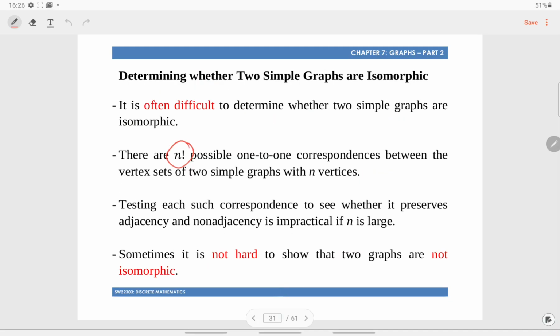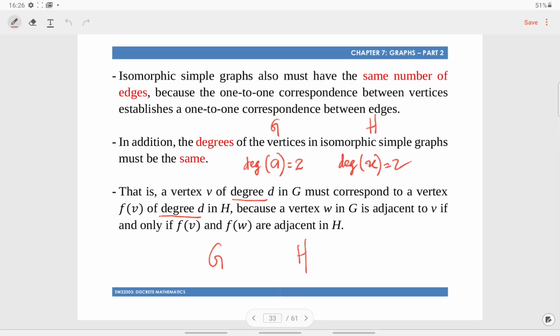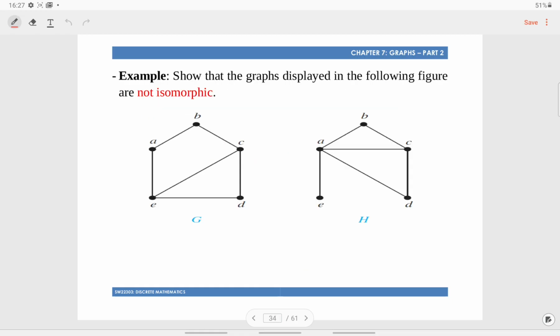Still the same degree. The corresponding vertices have the same degree, because a vertex W in G is adjacent to V if and only if f(V) and f(W) are adjacent in H. That's the reason.